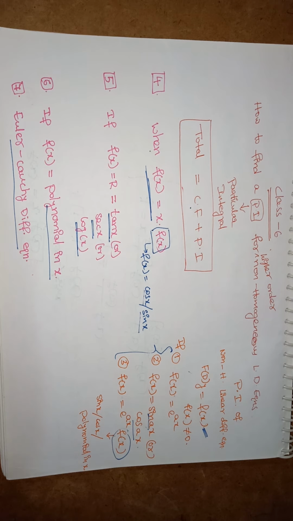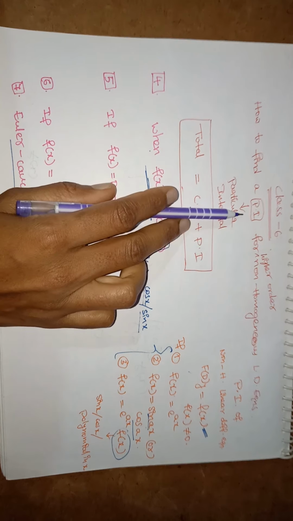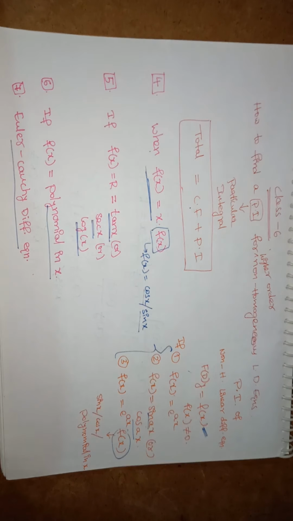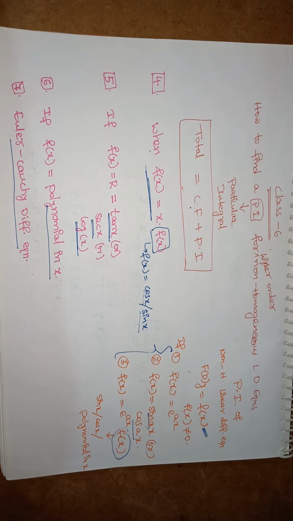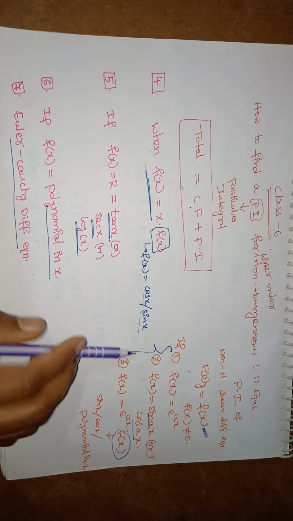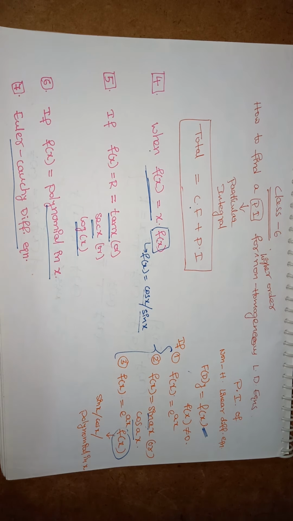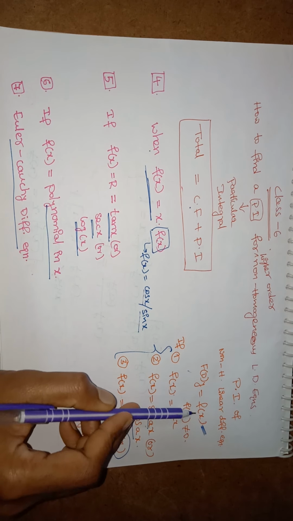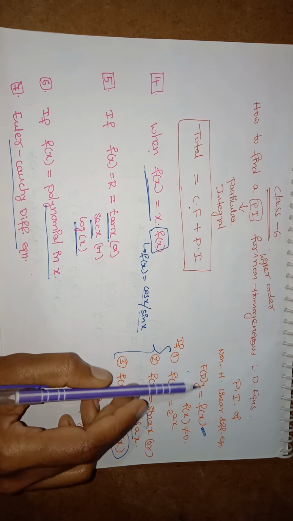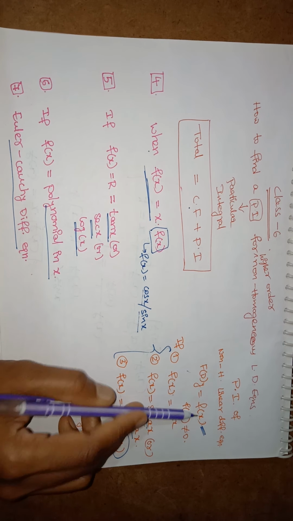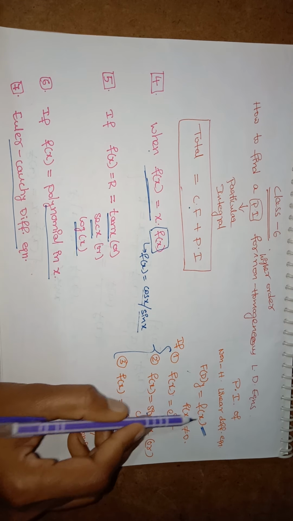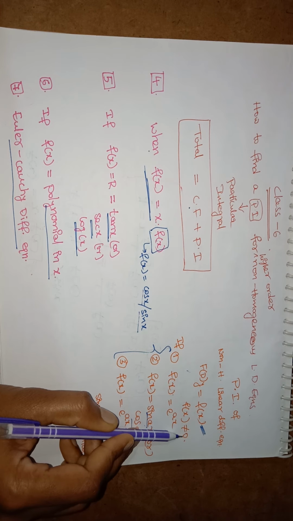In the last class, we learned to find the particular integral for higher order non-homogeneous differential equations. We learnt three methods for a non-homogeneous differential equation of the form f(D) y = f(x), where f(x) must not be equal to 0.